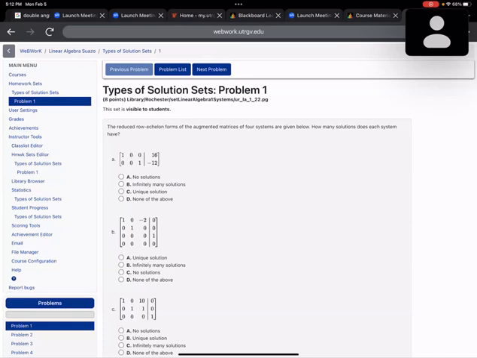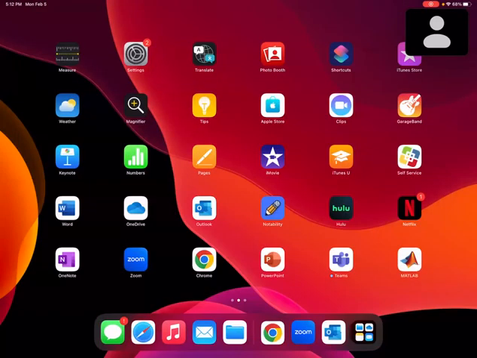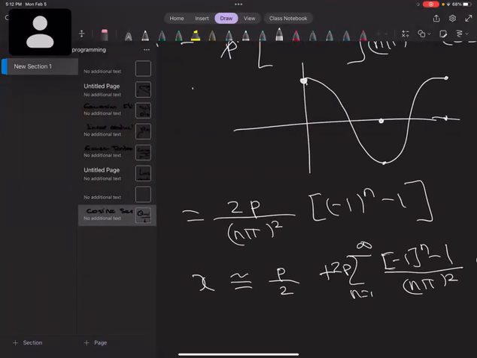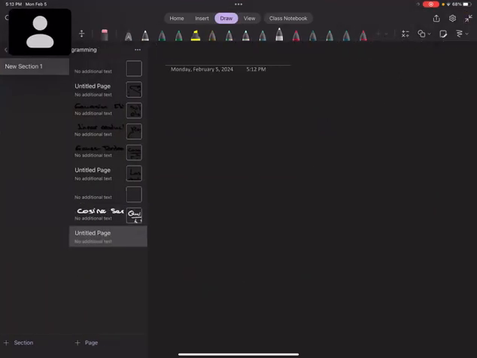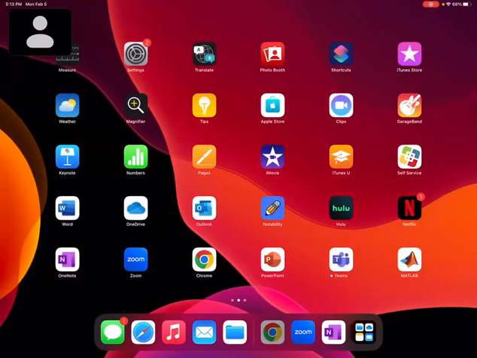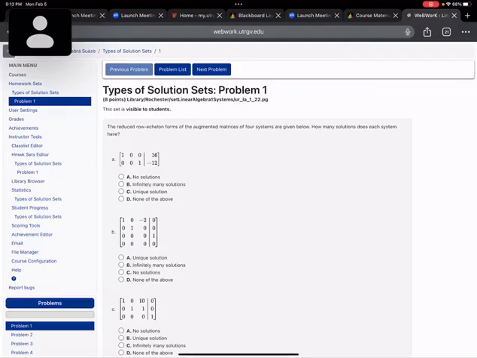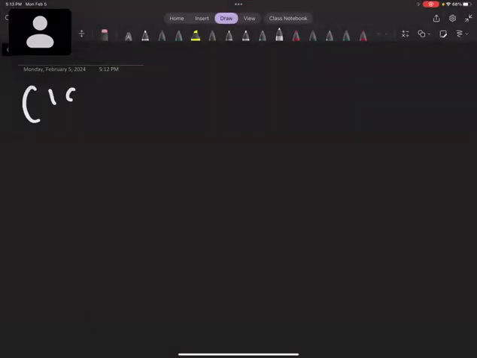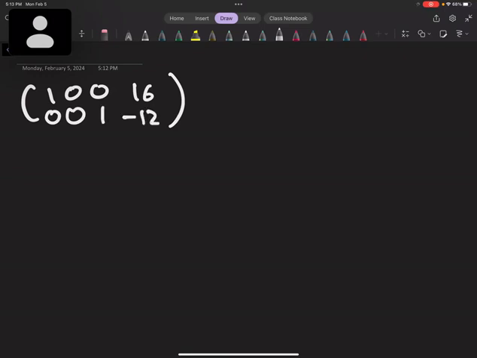Let me open my OneNote. So the system is 1 0 0 16, 0 0 1 minus 12, right?